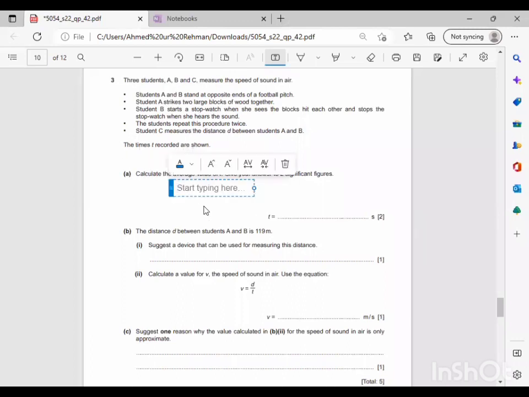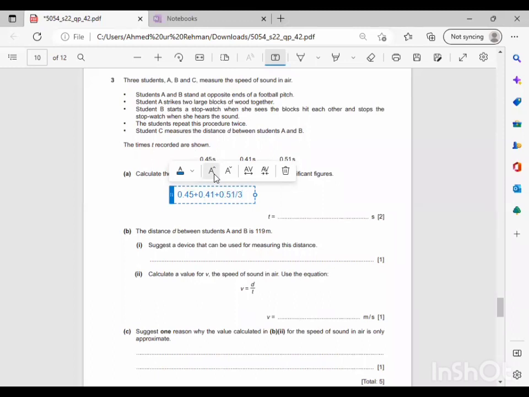Okay, so how are you going to calculate the average? Simply add them up and divide by 3, because there are 3 values, right? So 0.45 plus 0.41 plus 0.51, and then you're going to divide by 3.